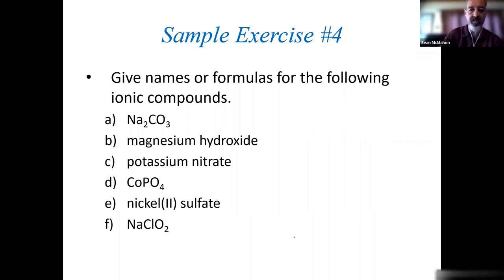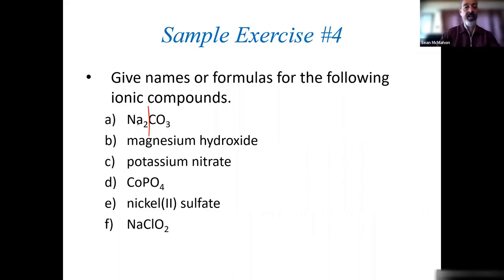So when I look at a formula, I first need to figure out, is this ionic or is this covalent? Because if it's ionic, I have to think of charges for ratios. If it's covalent, I have to think of prefixes, right? The mono, di, all that. So if I look, because there's a metal, I know it's ionic, right? Because covalent would just be nonmetal, nonmetal.